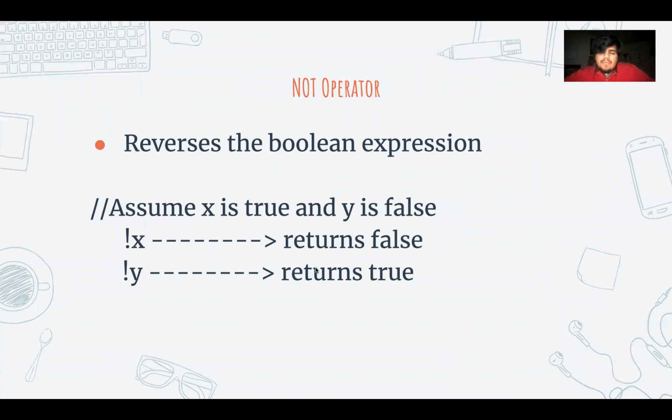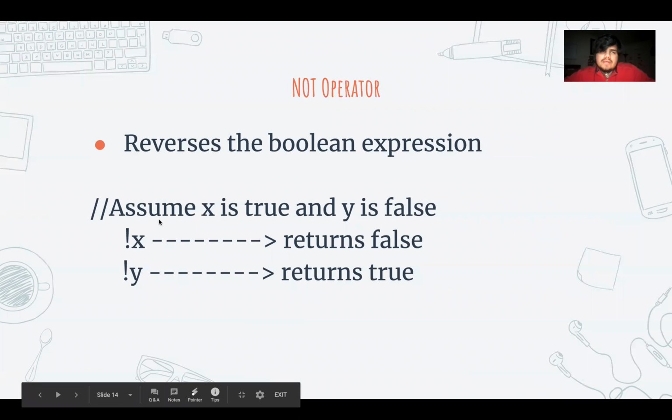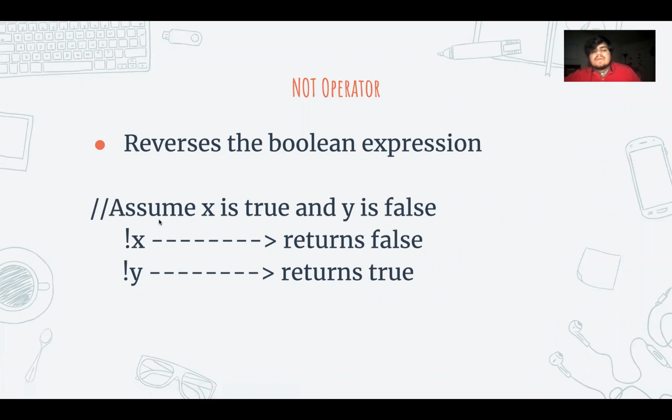We also have the not operator, and it's a lot simpler than you think it is. It reverses the Boolean expression, really. Just like how we tested to see whether or not something was not equal to something, by putting this exclamation point next to any Boolean value or even a Boolean expression, it just flips it to the opposite value.